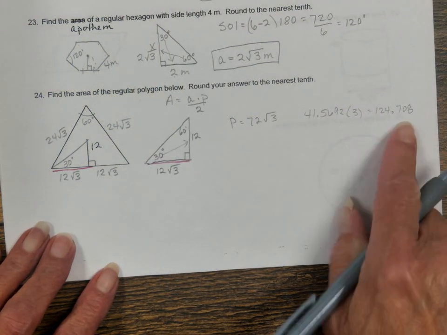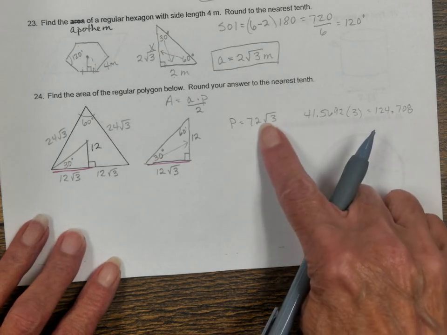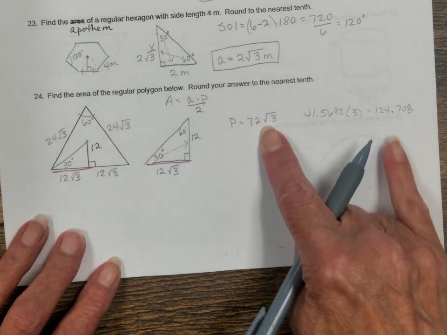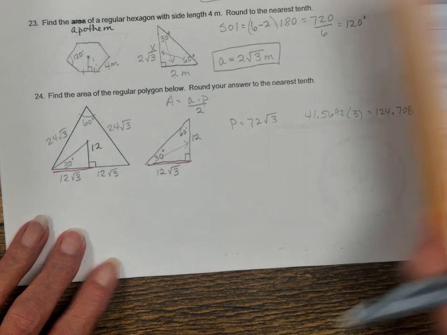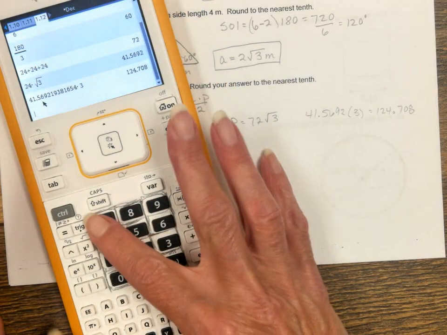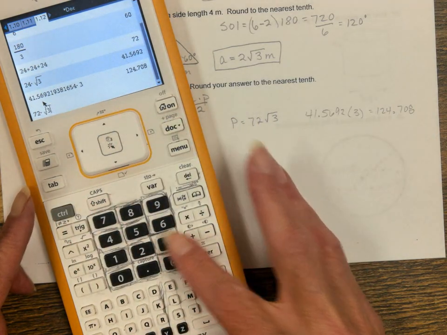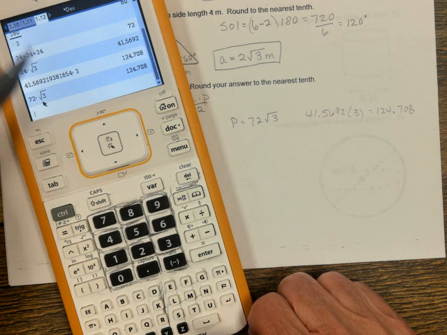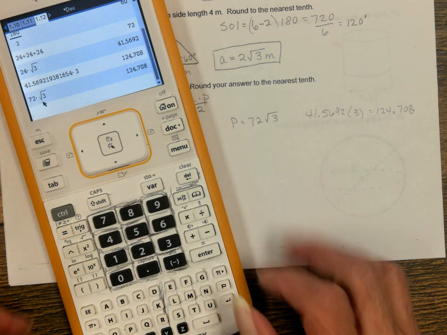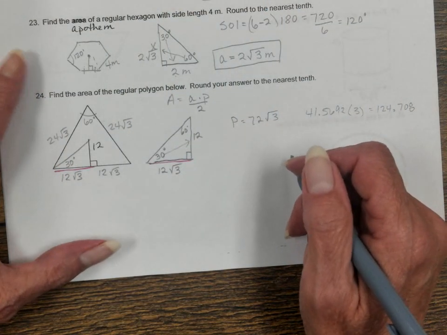Okay. This is what I think our perimeter is. Let's see if this perimeter number gives me that number when I do the math out. 72 times the square root of 3. Oh, I get the same answer. These are equivalent. Okay. So 72 square roots of 3 is my perimeter.